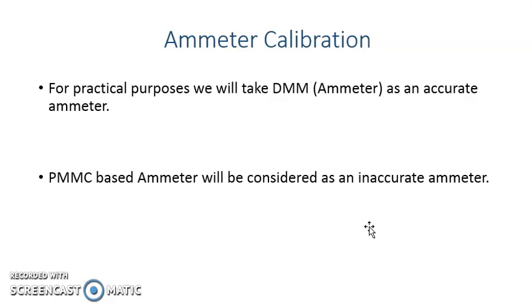We are going to note down different values of currents from both the ammeters, that is accurate ammeter, which is DMM based in our case, and inaccurate ammeter, which is PMMC based.